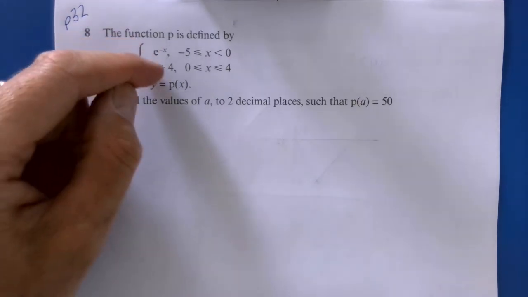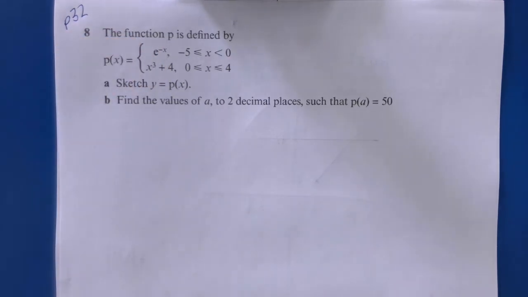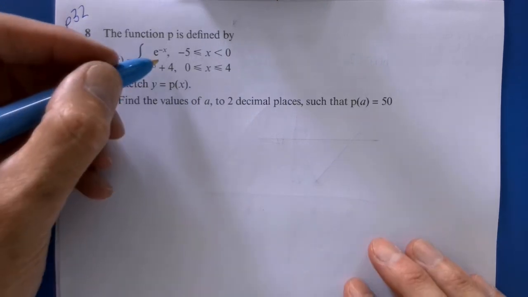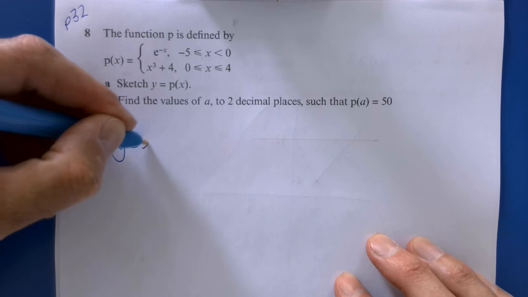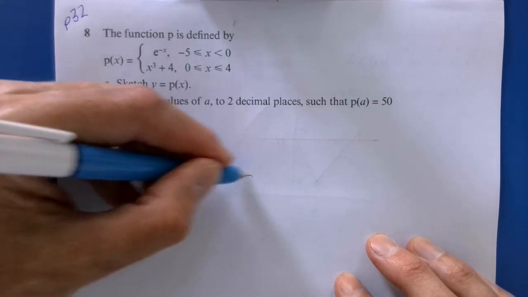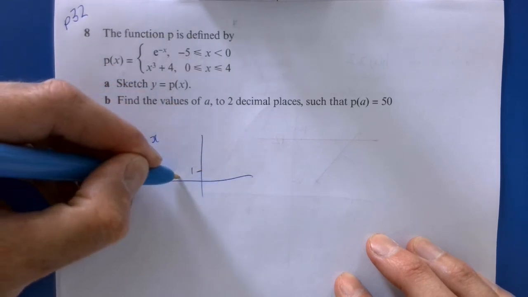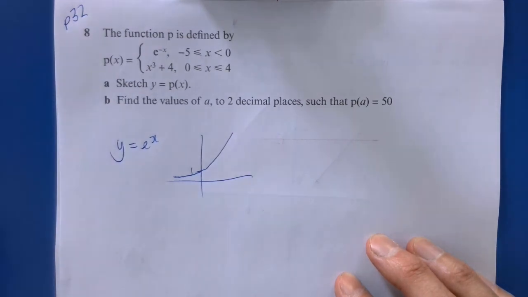And you've got two functions to sketch. Now, of course, you've got your calculator to help you, but I'm hoping you might be able to have a go. Y equals e to the x, like any exponential function, that looks like that.